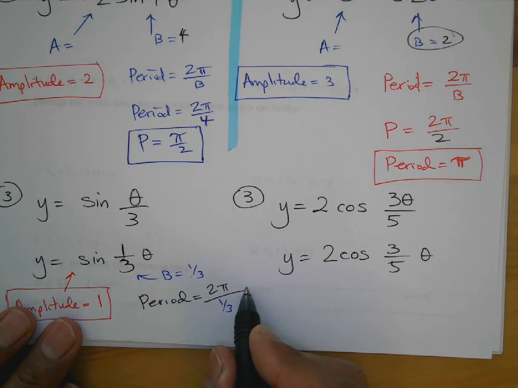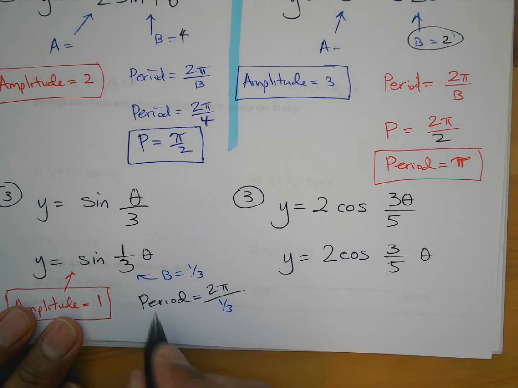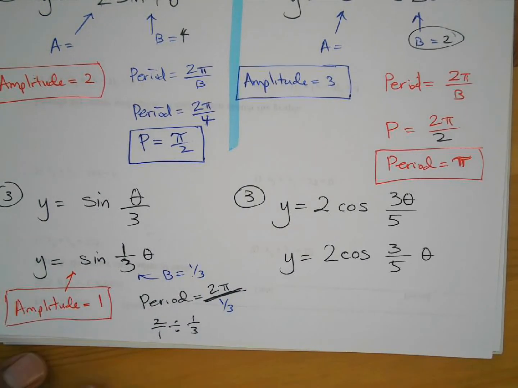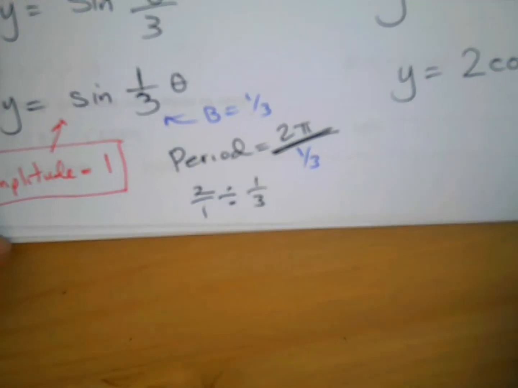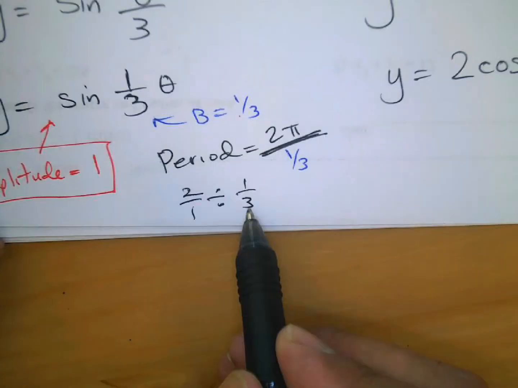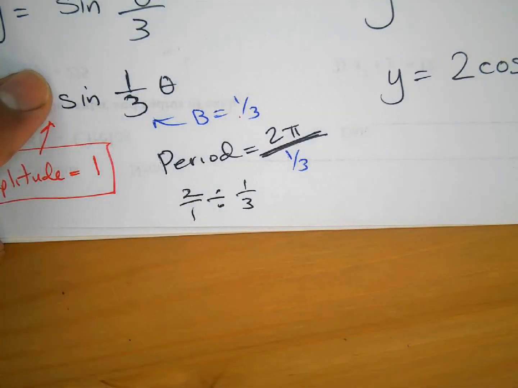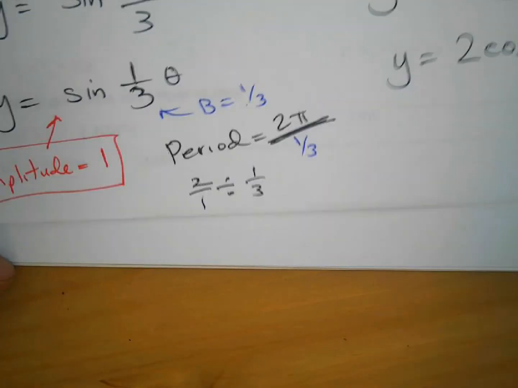Well, leave the pi off to the side. This is 2, which is 2 over 1 divided by, right? Divided by what? 1/3. Remember this when you have a fraction divided by another fraction? The first one stays the same, which is 2 over 1.